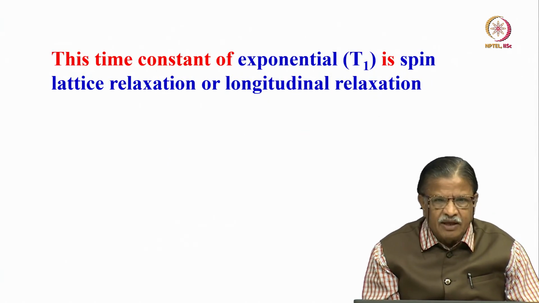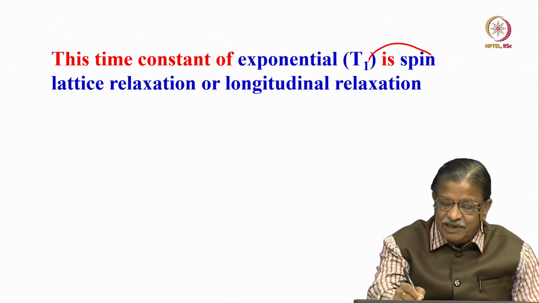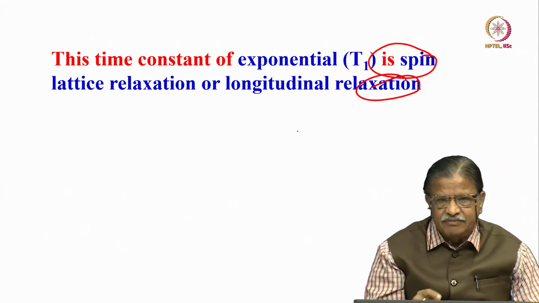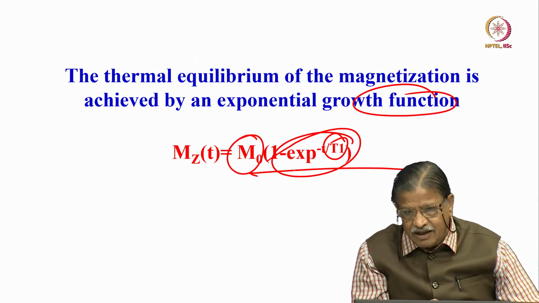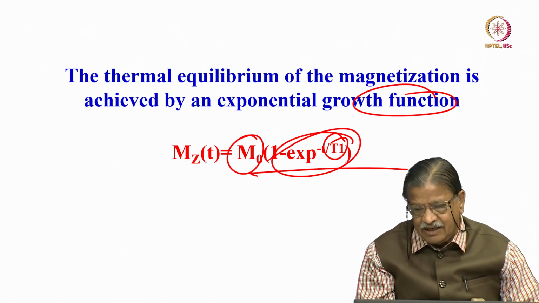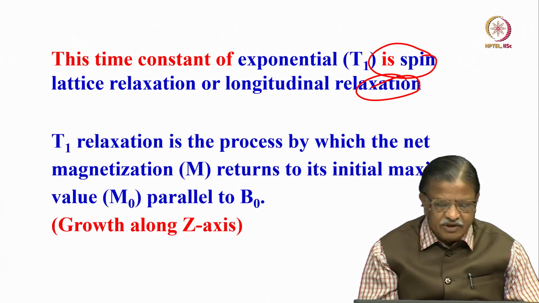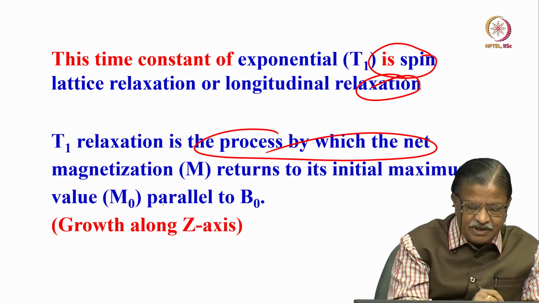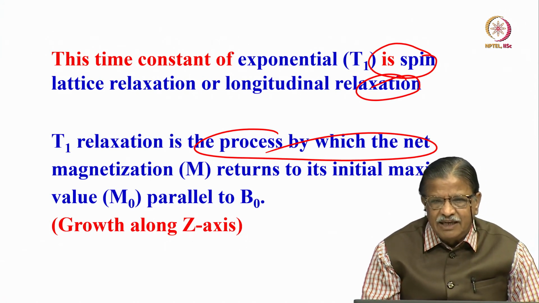So, this time constant of exponential, T1, is called spin lattice relaxation. The time constant here in this equation, which is the time required for the spins to grow along z axis, is called spin lattice relaxation. So, T1 relaxation is a process by which the net magnetization M returns to its initial maximum value.